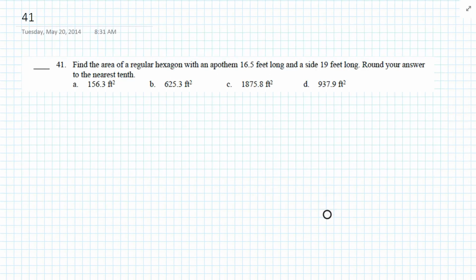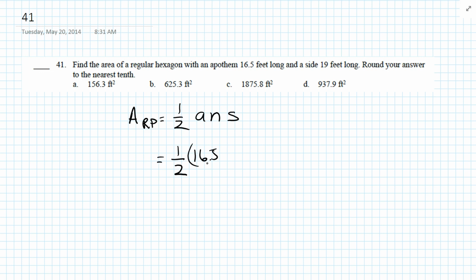41. Find the nearest area of a regular hexagon with an apothem of 16.5 and a side length of 19. Well, the area of any regular polygon is 1/2 ANS: the apothem, the number of sides, and the side length. So 1/2, our apothem is 16.5. Our side length is 19, and a hexagon has 6 sides.